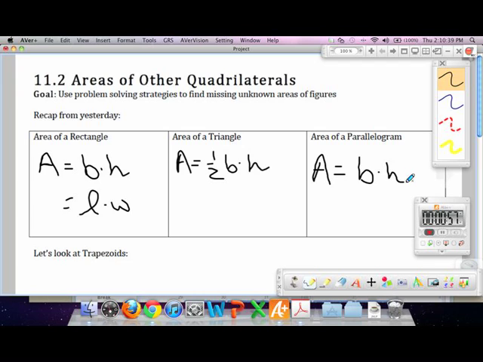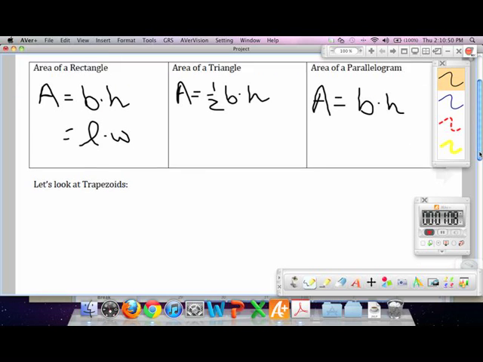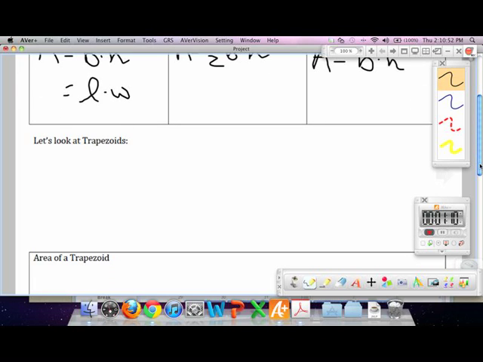As promised, we're going to explore some other figures here. So we're going to start by looking at trapezoids. Recall that a trapezoid is a quadrilateral that has exactly one pair of parallel sides.